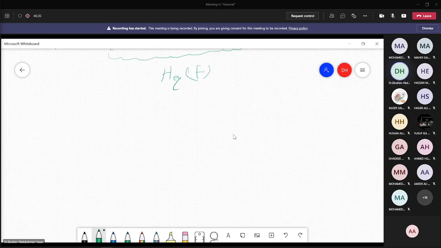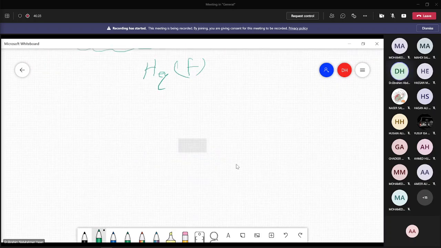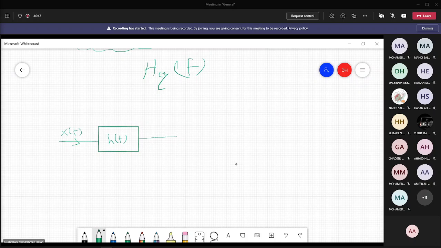What else? Also, if you remember, we said that a system is invertible. If the input equals x of t and here we have h of t, then I can take this output as an input to another system, and the output will be equal to the original signal x of t.